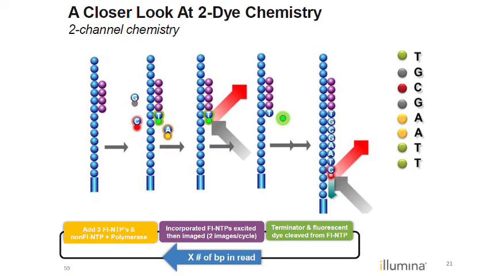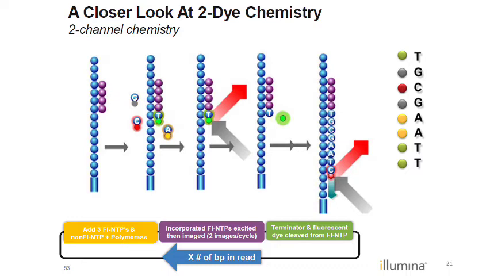An alternative to the 4-channel chemistry is the 2-channel or 2-dye chemistry. The process is very similar. The primer attaches to the DNA, and the DNA polymerase adds complementary labeled dideoxynucleotides. This time the camera will take only 2 photographs to capture the signal of the fluorophores attached to the dideoxynucleotides.